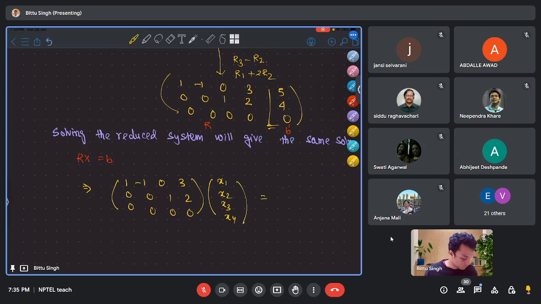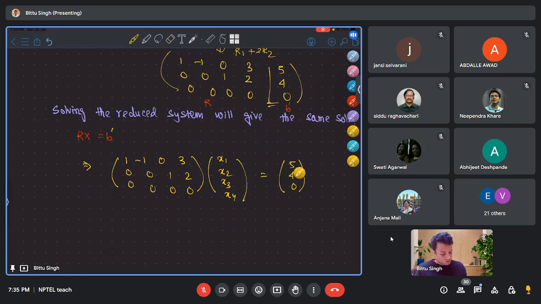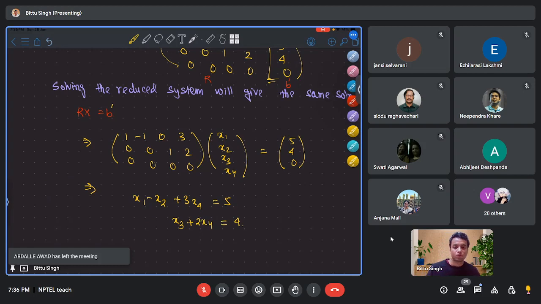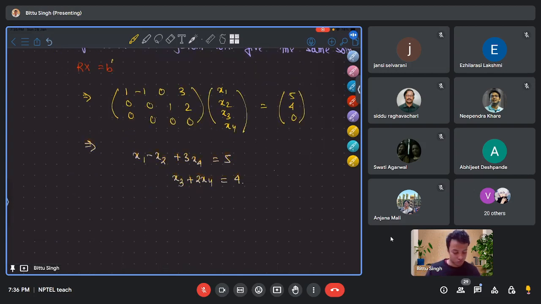This is the same as b dash, which means 5 4 0. So this is equivalent to x1 minus x2 plus 3x4 equal to 5, and x3 plus 2x4 equal to 4. So now it becomes easier to solve.